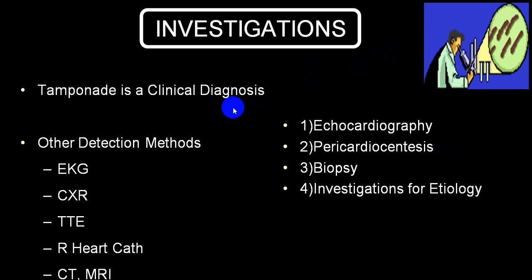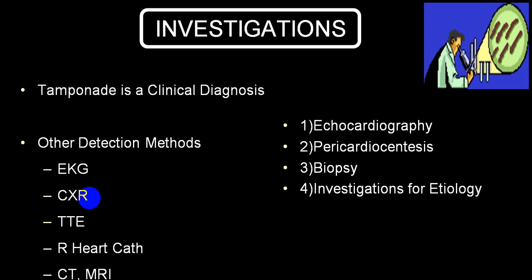As far as investigation is concerned, mainly EKG, which will tell you low voltage, electrical alternans. Chest X-ray will demonstrate increased cardiomegaly, increased size of the cardiac shadow.